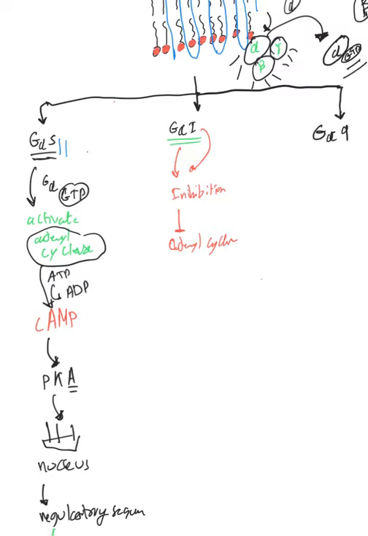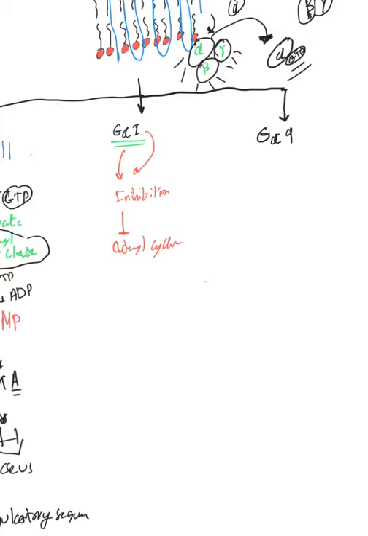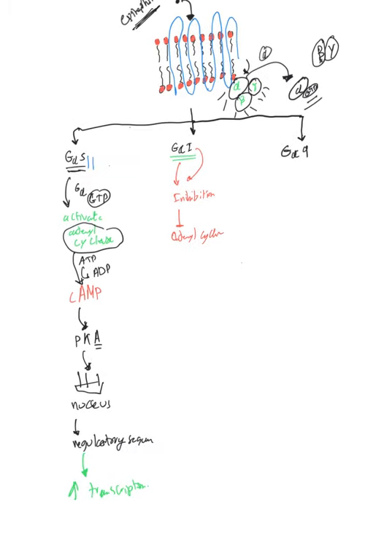For the GQ pathway, it's kind of similar to the GS pathway, but a little different. Here in the GQ pathway, it will follow the same initial steps. A ligand will bind to the G protein, and then it will activate the alpha subunit, so the alpha subunit here with GTP bound to it, kind of like the same.